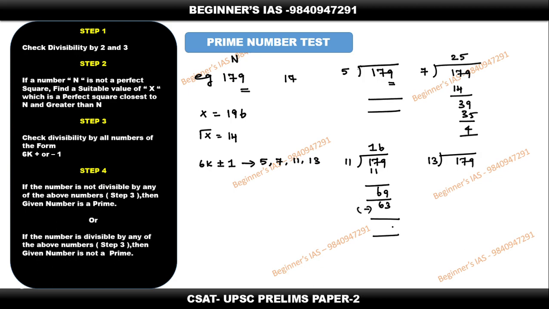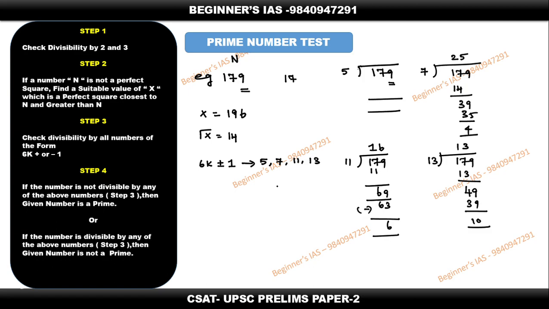Subtracting, we get 6 as the remainder. Therefore, it is not 0, not completely divisible. Next is 13. 1 thirteen is 13, then 4, 9, then 3 thirteens are 39. This also leaves a remainder of 10. Therefore, this is also not completely divisible by 13.